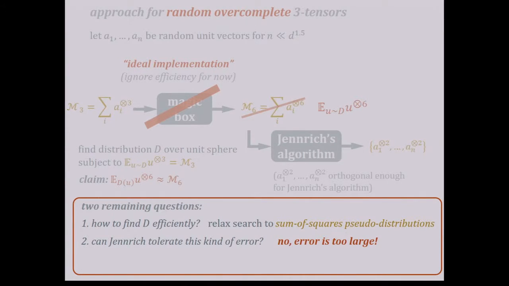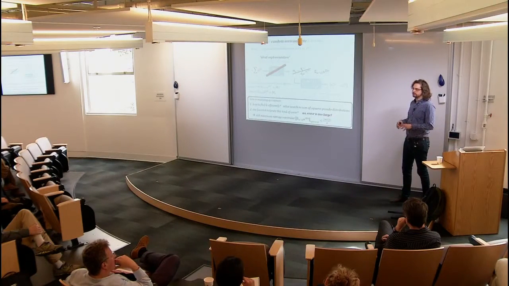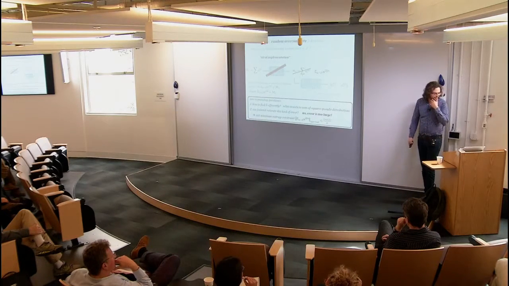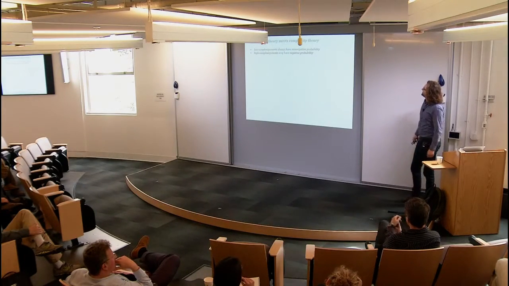But with the maximum entropy constraint? With the maximum entropy constraint, it doesn't really improve the errors that we have, but it turns out that this allows us to control the effect of the error for Jenrich's algorithm at the end. And I hope that I can show this.